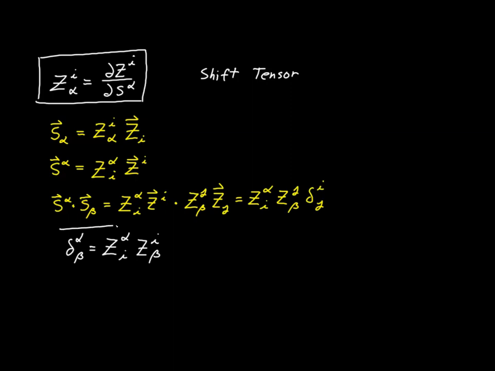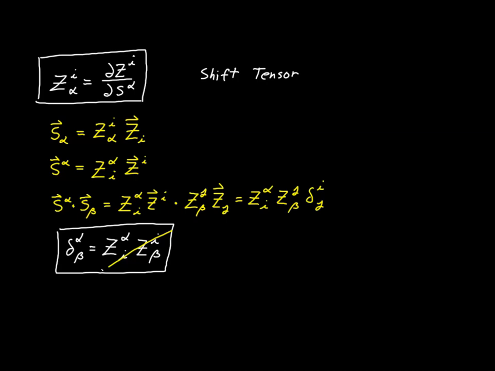So that leaves us with this very important relationship. And it is that the contraction between the shift tensor and its inverse contracted with the ambient index is going to give us the Kronecker delta.